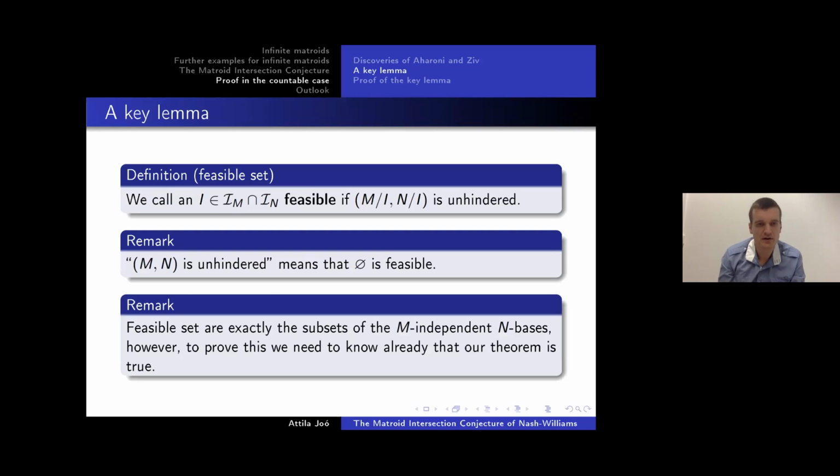Intuitively, feasible sets are exactly those subsets of the edge set that can be extended to an M-independent base of N. But we know this just after proving the theorem, so that is our intention at the moment.